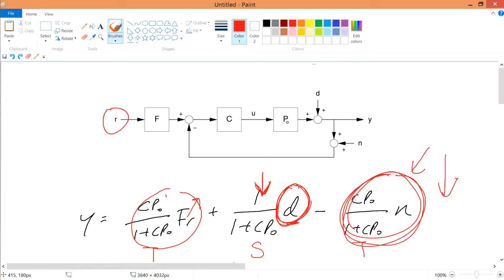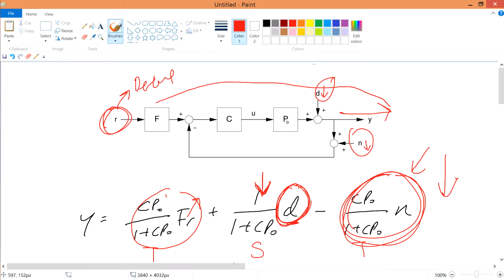A better way to say it is that tracking allows a better command response to be detected, such that the disturbance and the noise are kept to a minimum, and therefore your output is what your input is.